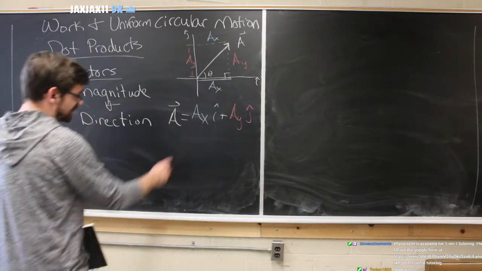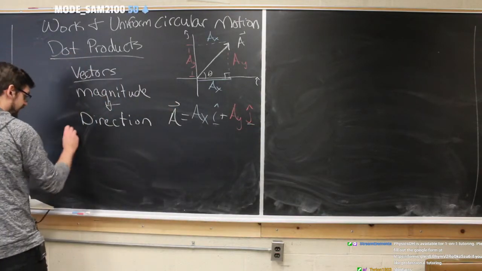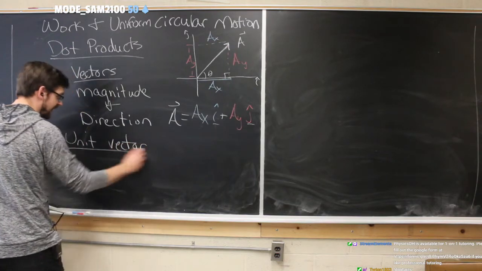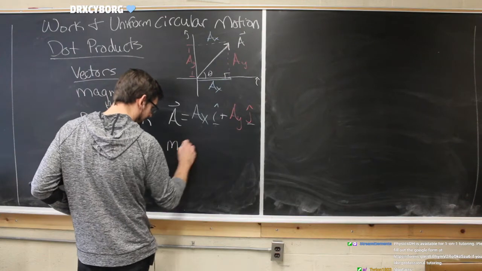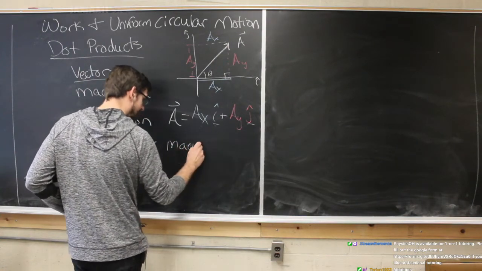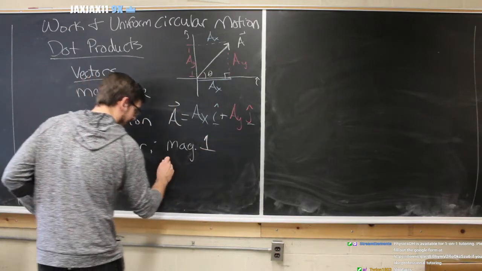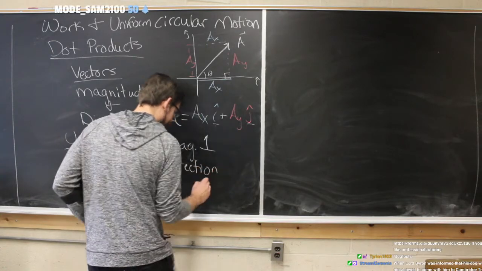Inside of these, this is what we call a unit vector. A unit vector has the following magnitude and direction. It has a magnitude of 1 and a direction along an axis.